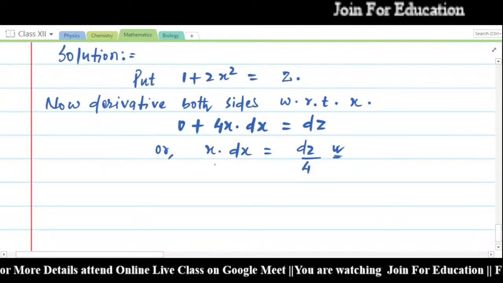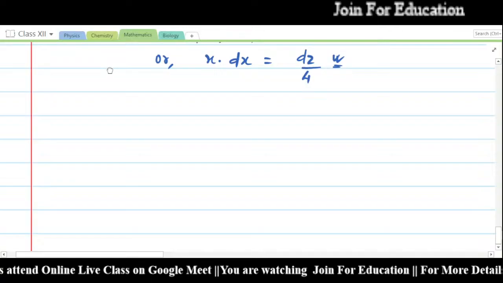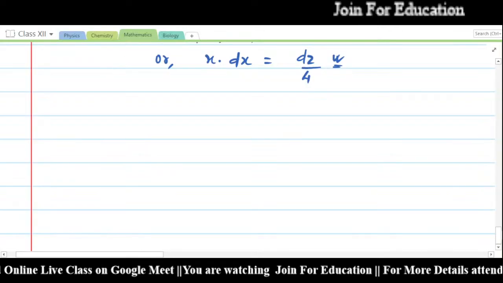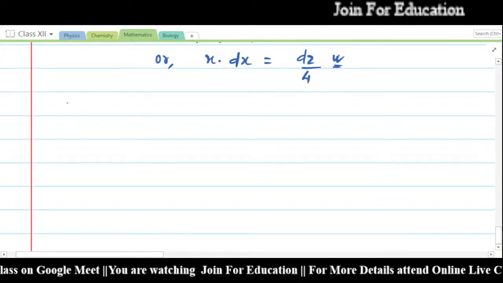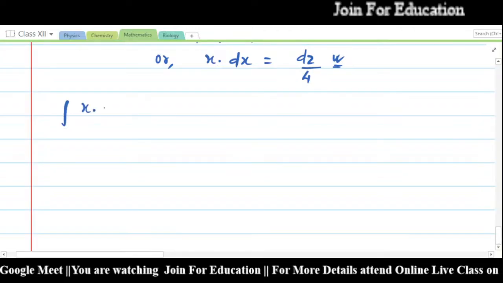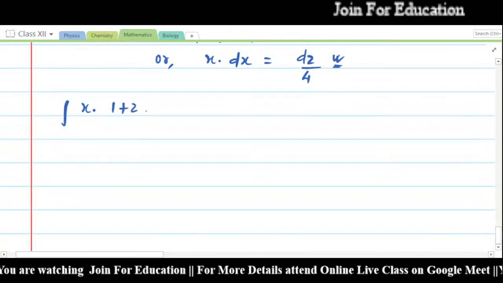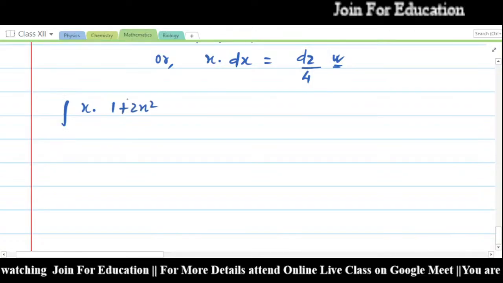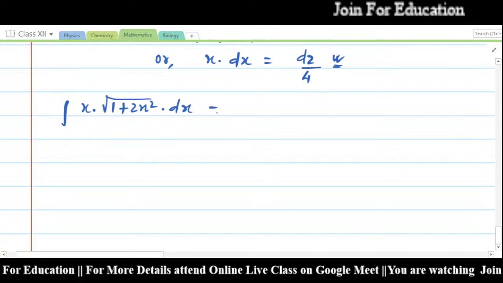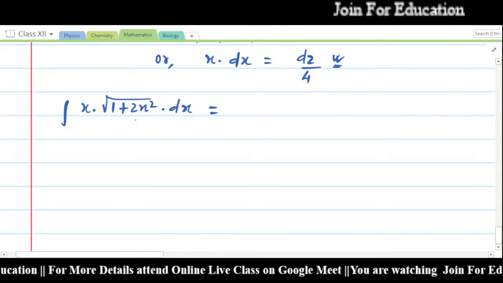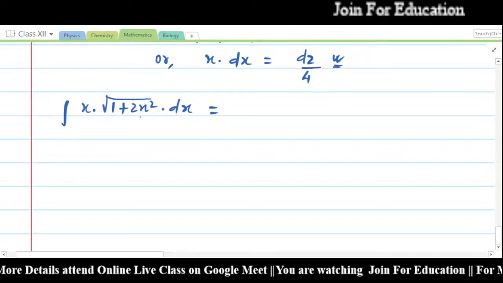So we write down the form of the question: integration of x into root of 1 plus 2x square into dx equals, here x into dx equals dz by 4, and we suppose this one is z.